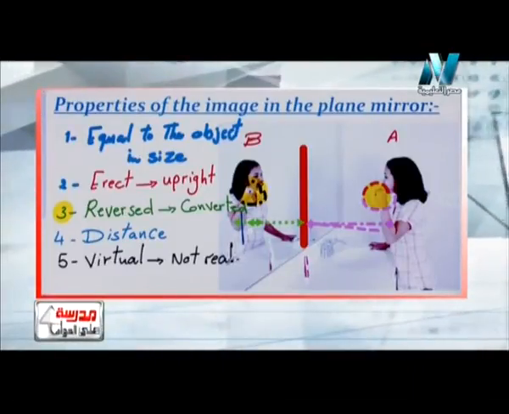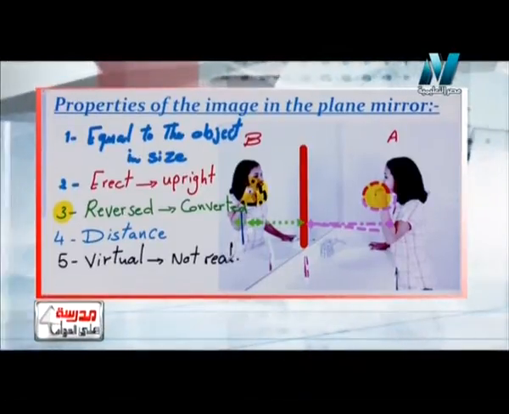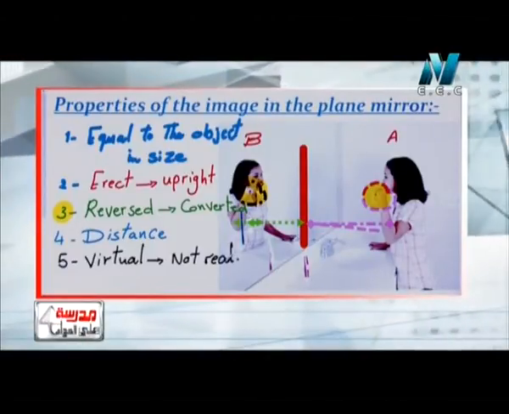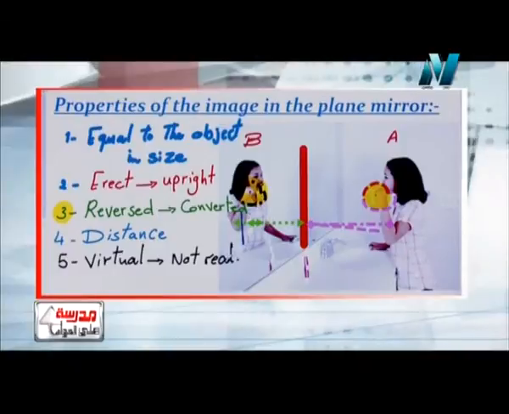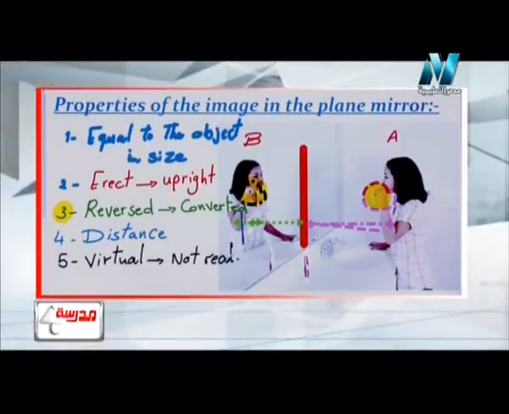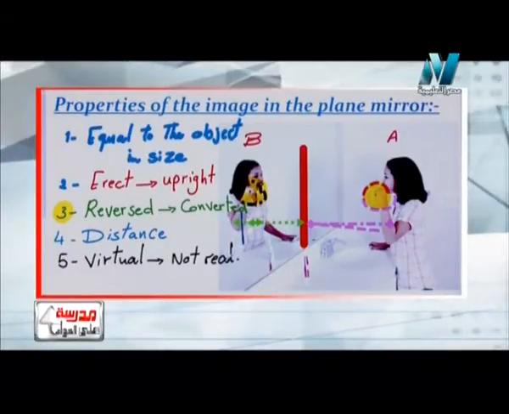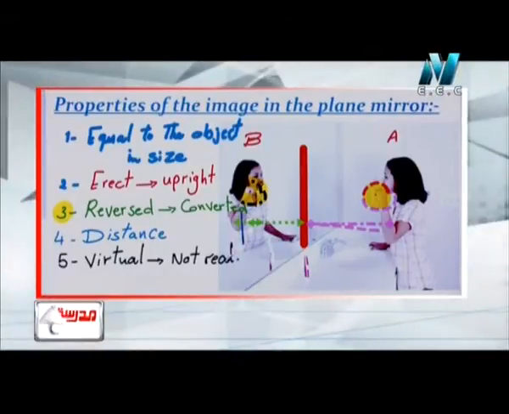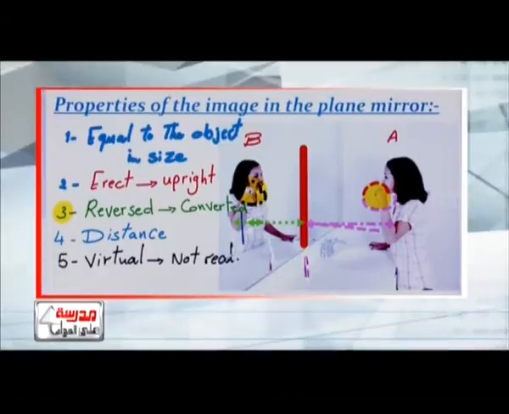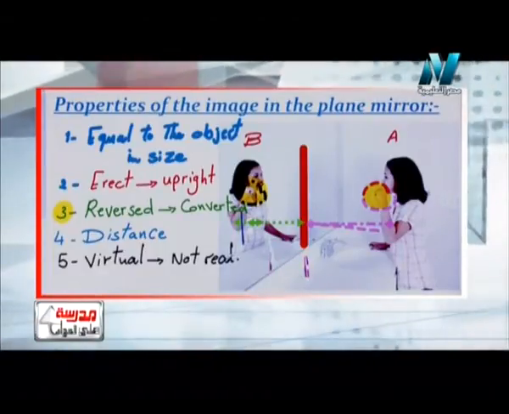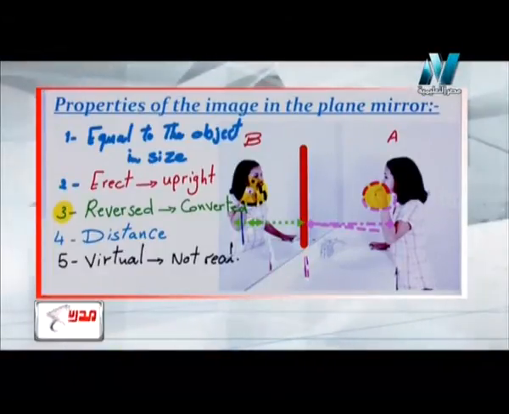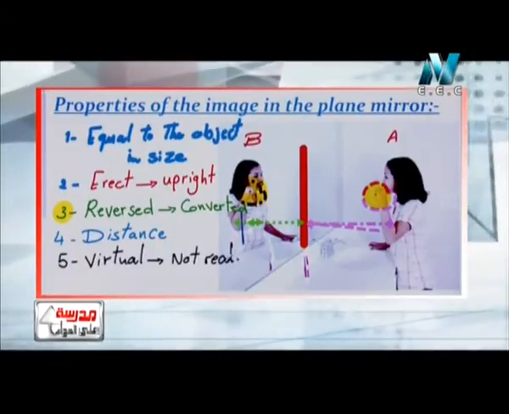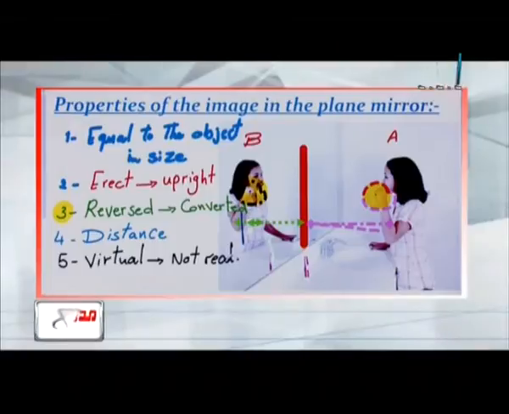For example, if you take a photo of your friend with your mobile, this image is a real image. Why? Because if your friend goes away from in front of the mobile, you can keep his or her image on your mobile. But if you move away from in front of the plane mirror, your image will disappear.